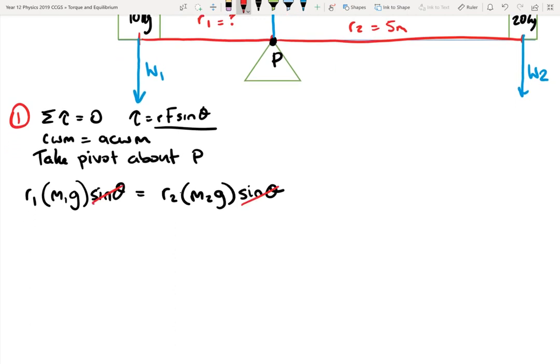We can cancel those out because our angles are both, if we were told a horizontal beam, instantly, boom, those angles cancel. Have a quick think before I move on. If our beam was tilted, what do you think we could do? We've got phi and we've got 180 minus phi.